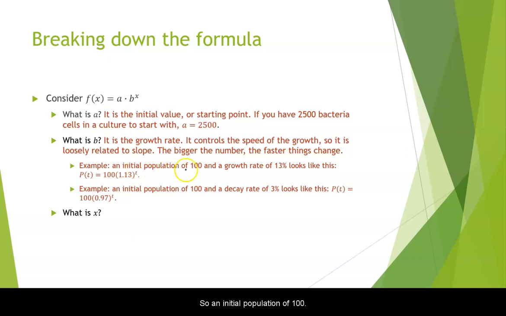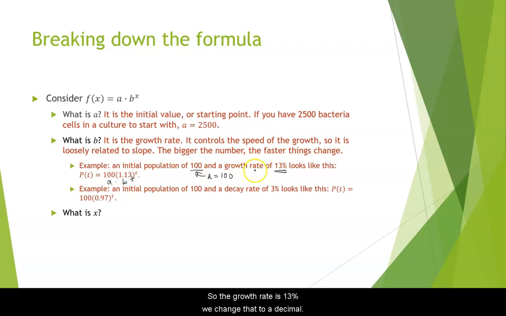So an initial population of 100 means a equals 100, and a growth rate of 13% looks like P of t equals 100, there's our a value, and then our b is 1.13.